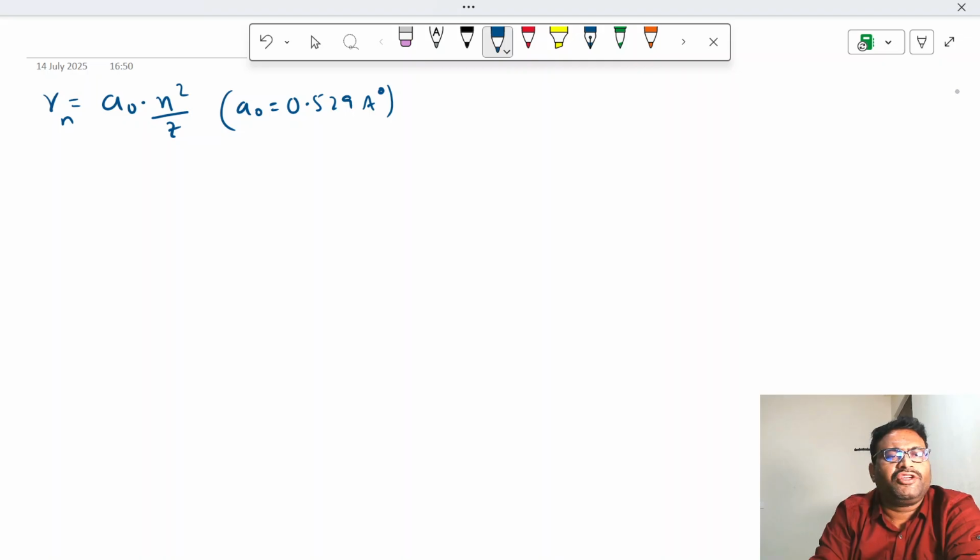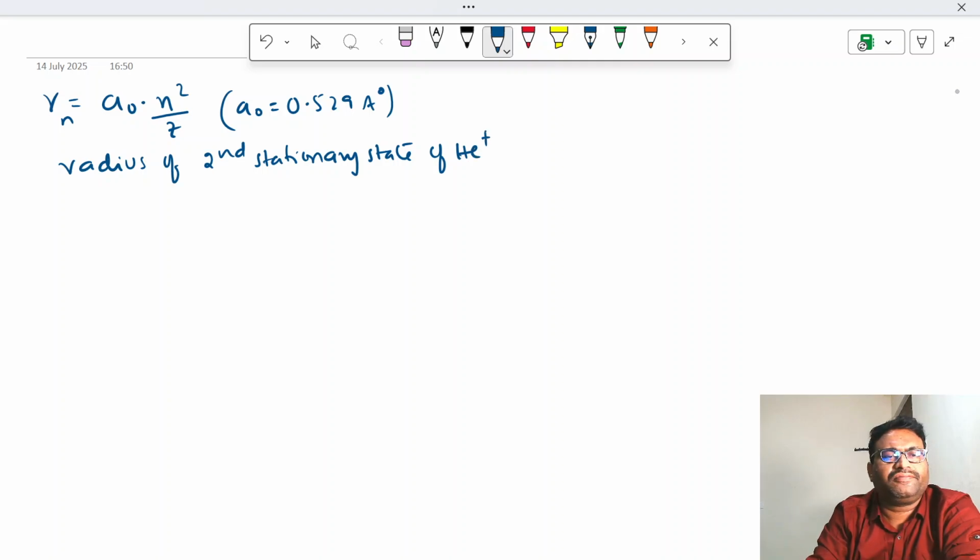Okay, if you are asked to calculate the radius of the second stationary state of He plus, what is the formula?